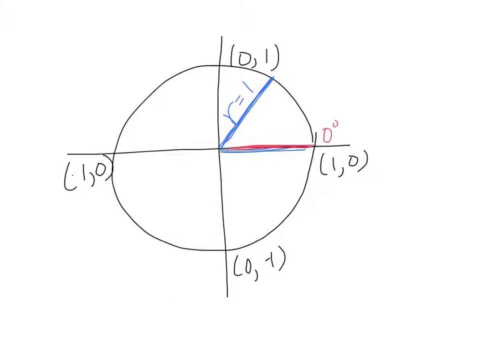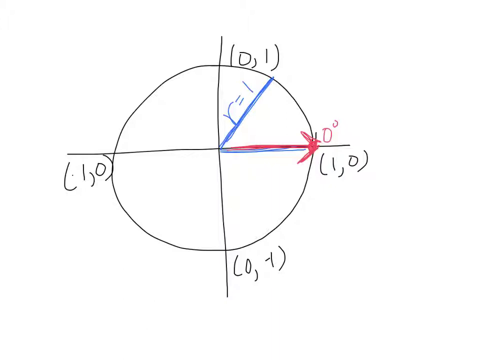0 degrees. What are the coordinates for a 0 degree angle? You're looking at them. 1, 0. A 0 degree angle, the ray is stopping at the 1, 0 mark on your unit circle. What does the 1 represent?